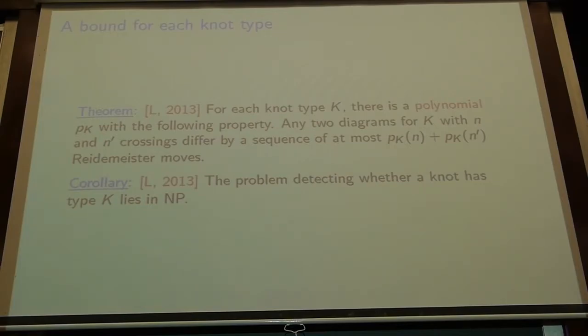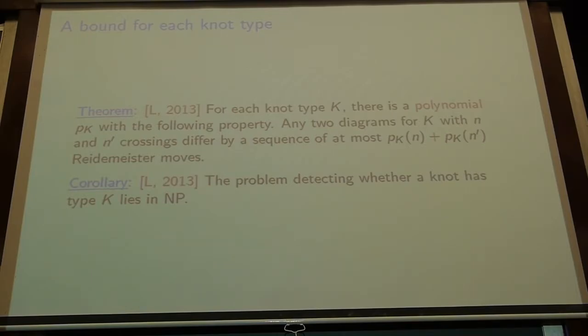Okay. Any way of knowing whether this is NP-complete? That's a good question. In the case of the unknot, it's almost certainly not. The reason is that it's in NP. My theorem gives that, but that was already known before.